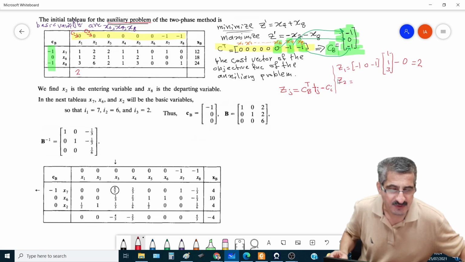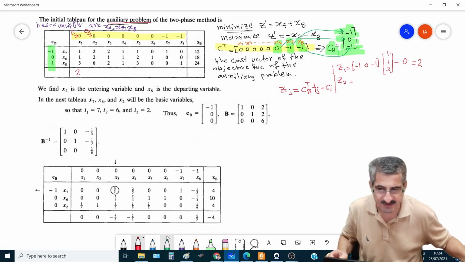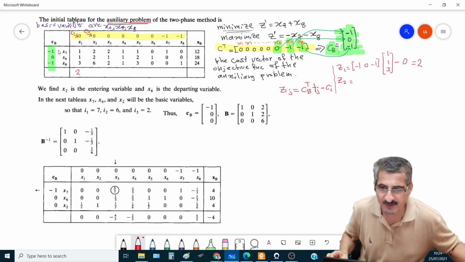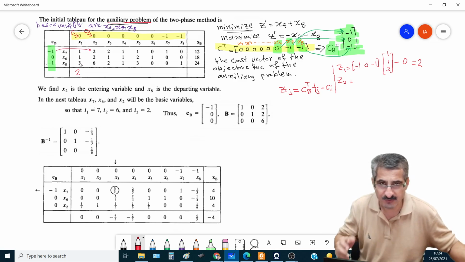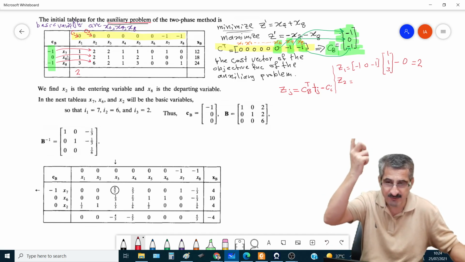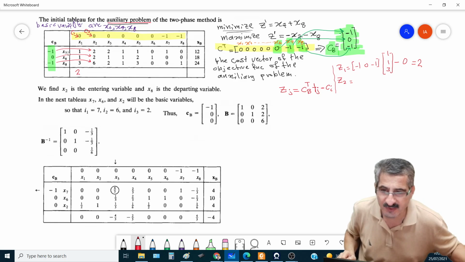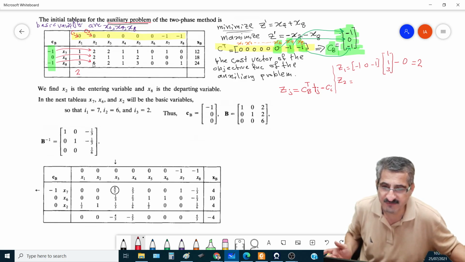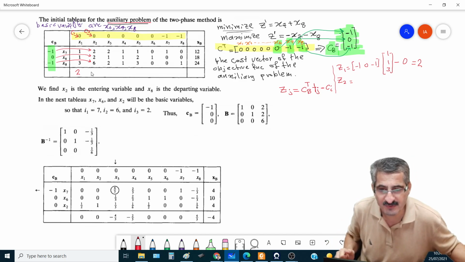Z2 equals... Now we will take it easy. To compute Z2, what I do, multiply -1 with 2. I could do the same thing for the first entry. Multiply 0 with 2, multiply -1 with 6, add them all and subtract C2 from above. So I have -2, -6, -8 minus 0. So we get here -8.